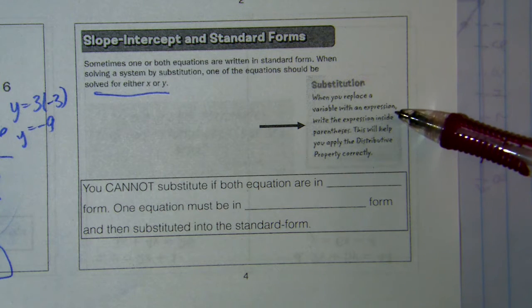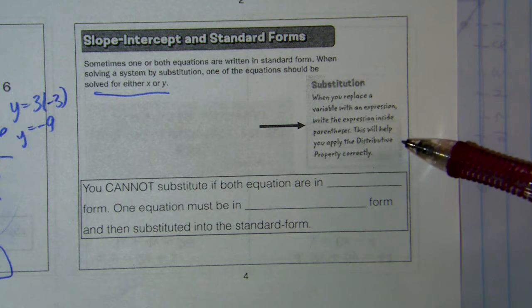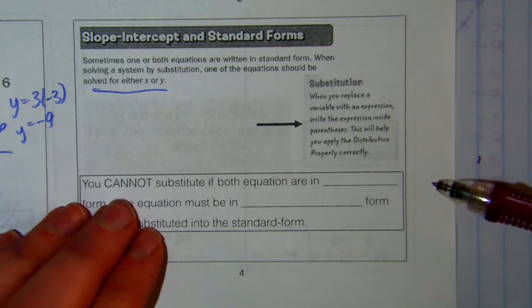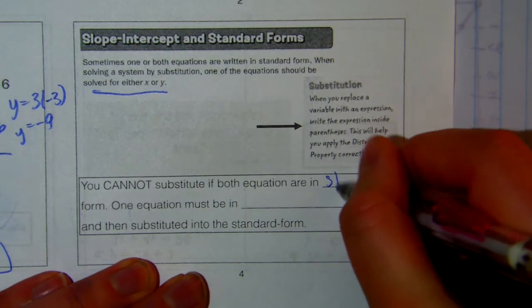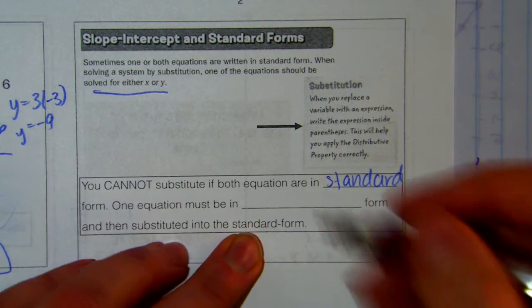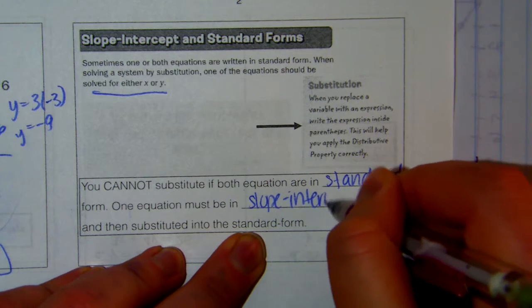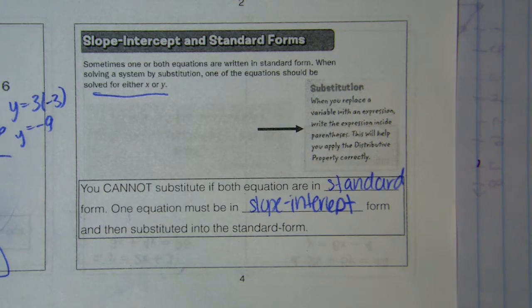When you replace a variable with an expression, if you write the expression inside parentheses, that will help you apply the distributive property correctly. And I have a note here. You cannot substitute if both equations are in standard form. One equation must be in slope-intercept form, or both of them. You can solve them both, and then substitute back into the standard form.